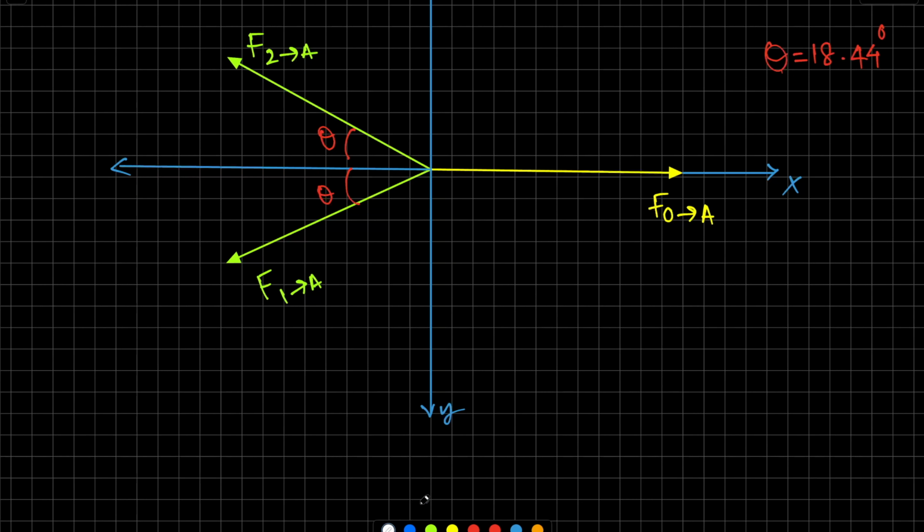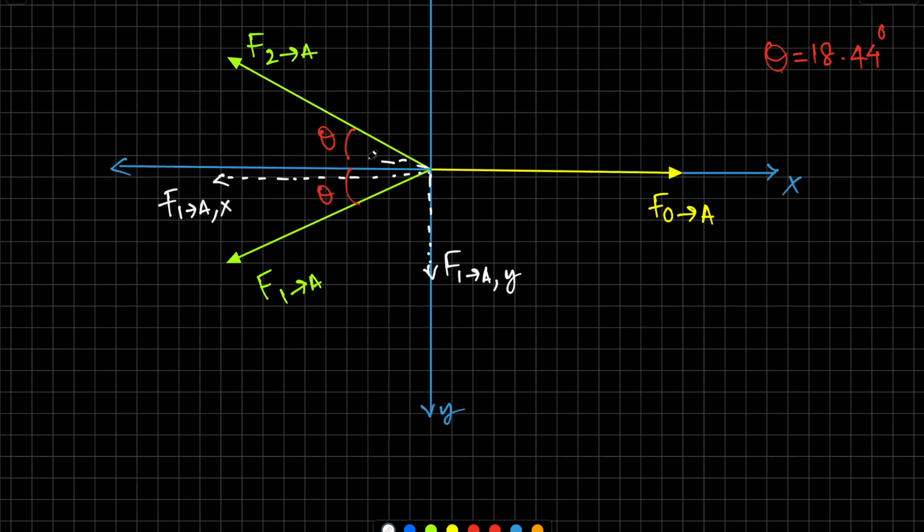So this is the x component of F1 to A, and this is the y component of F1 to A. Now, how do you draw the components for F2 to A?